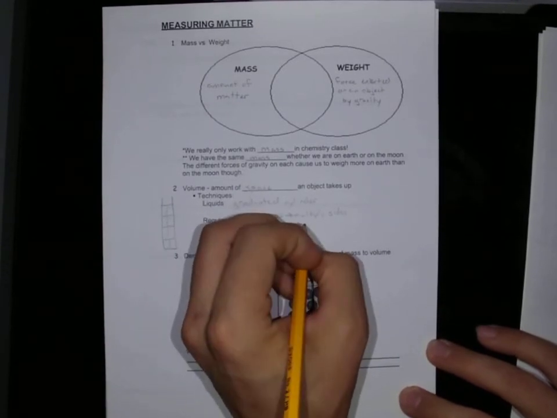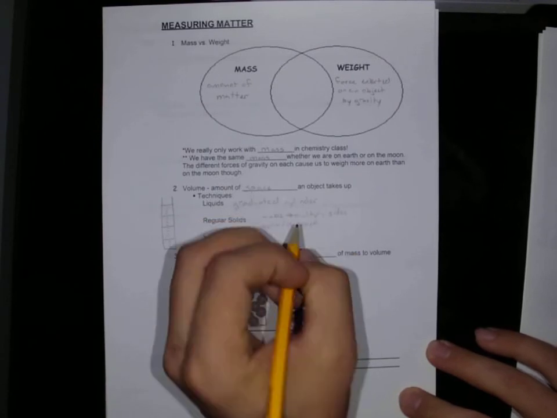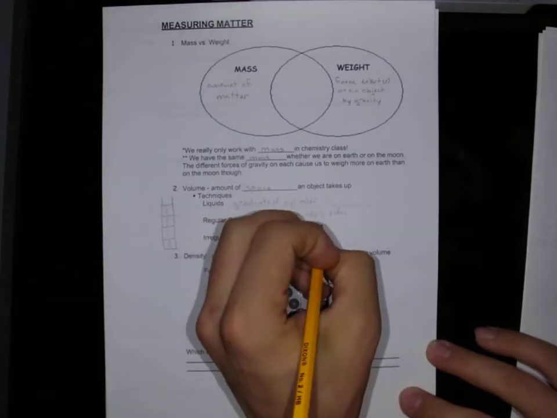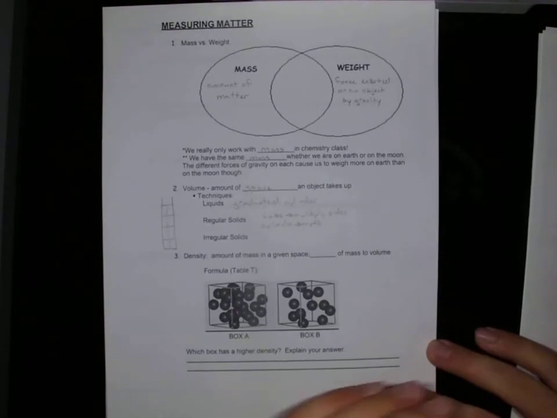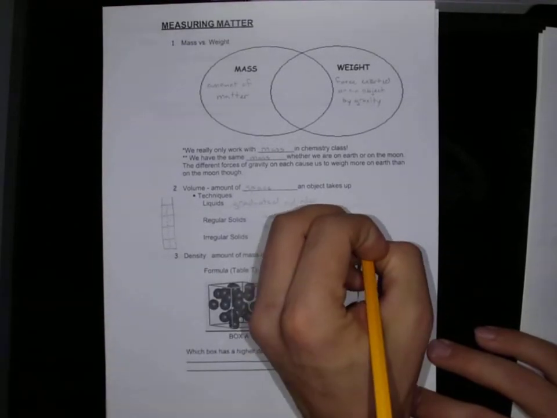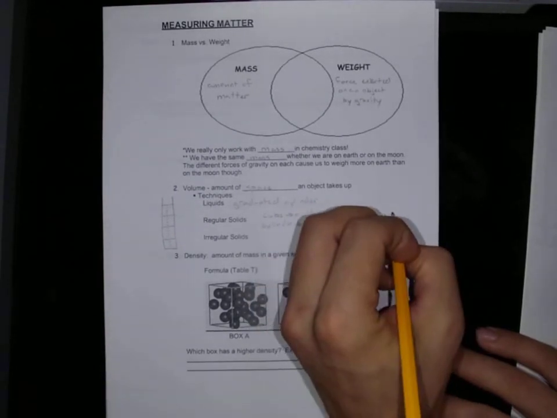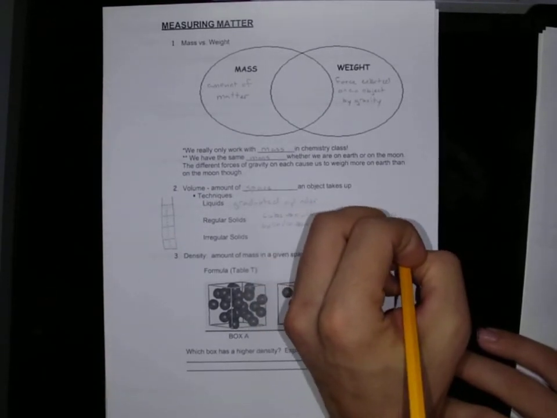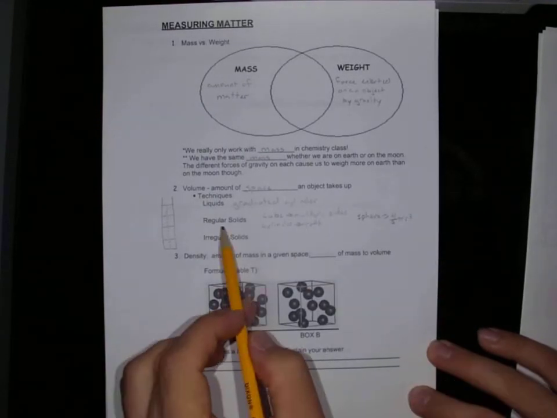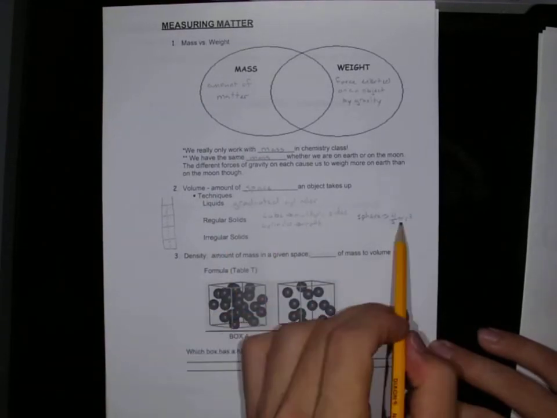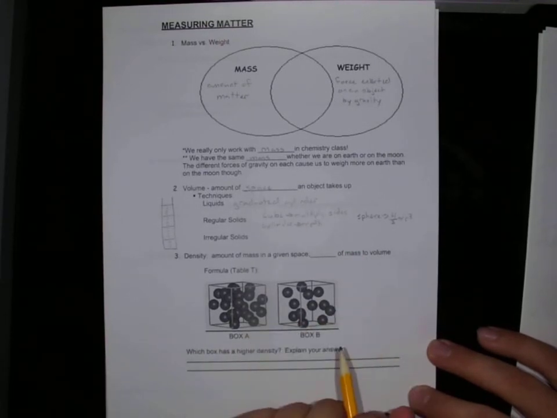But again, we have a formula, so it's pi r squared, which would be the area of a circle, and then we multiply it by the height of that cylinder. Okay? And then if we have a sphere, then our formula is 4/3 pi r cubed. Okay? So if we have a regular solid, we can find out our volume by multiplying the sides. Or we can use our formulas here, sorry.